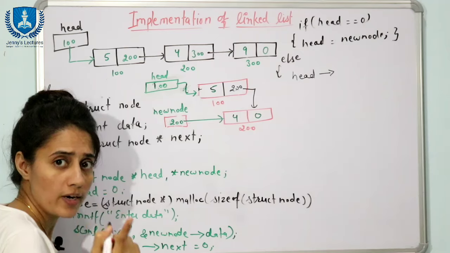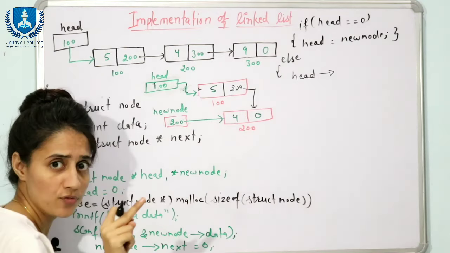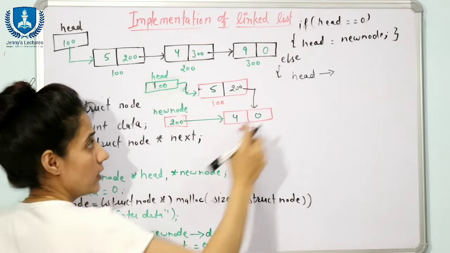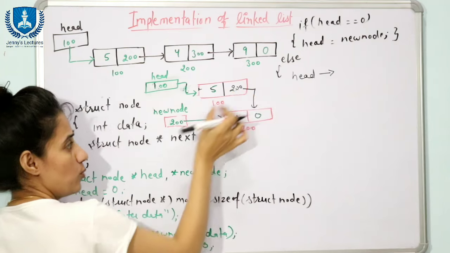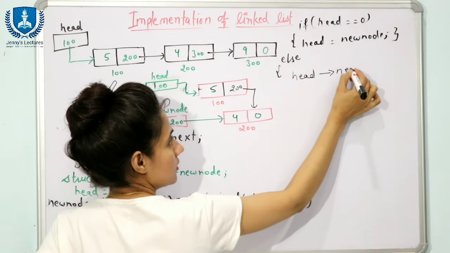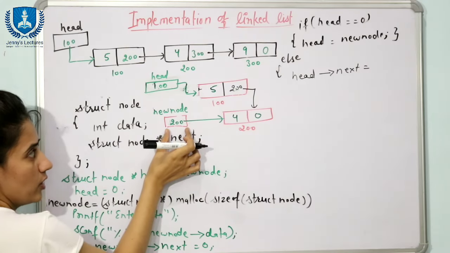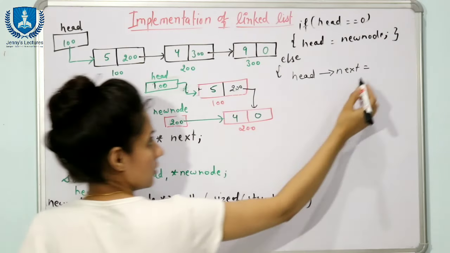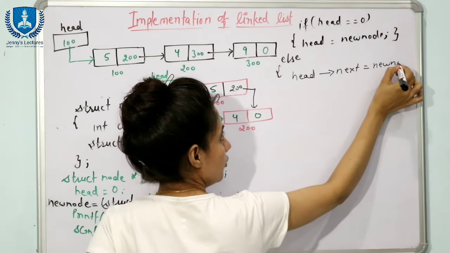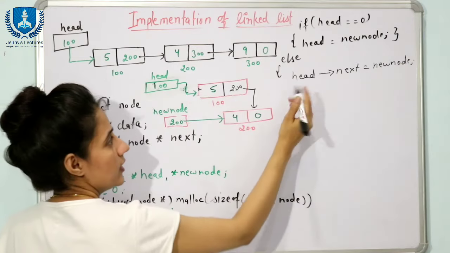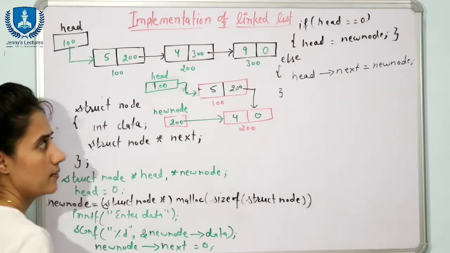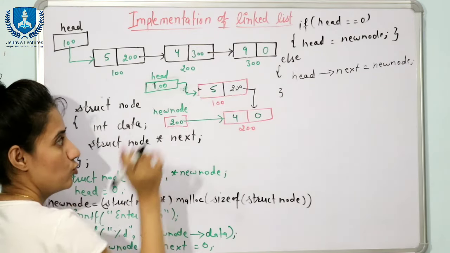In C, when you are writing a program, you can simply write hyphen and that angular bracket. And the name of this pointer is what? Next. Next is equal to new node, whatever is in the new node, that is 200 that you are going to store here. So now we are thinking that this is done. Now the list is having these 2 nodes.